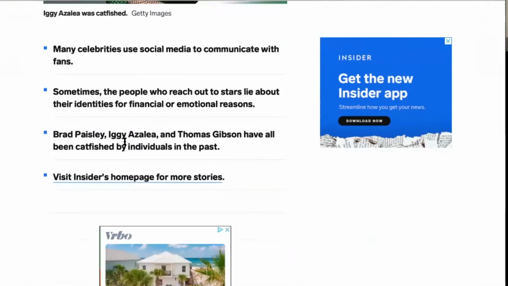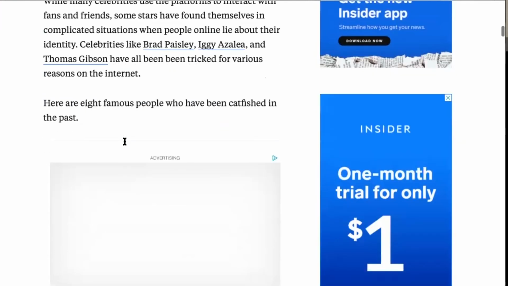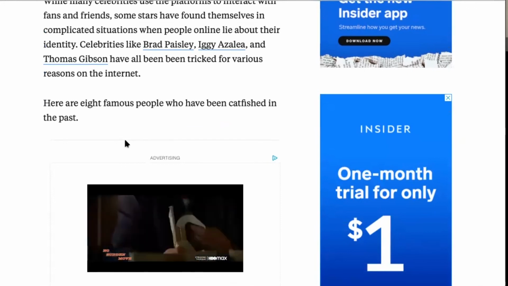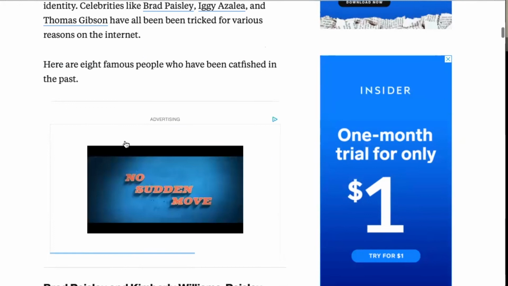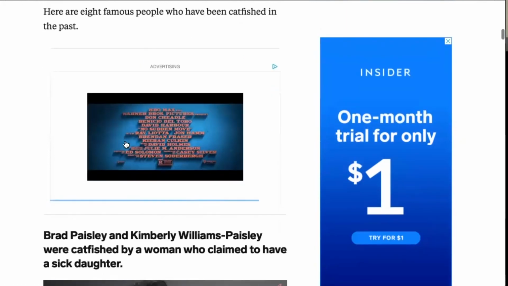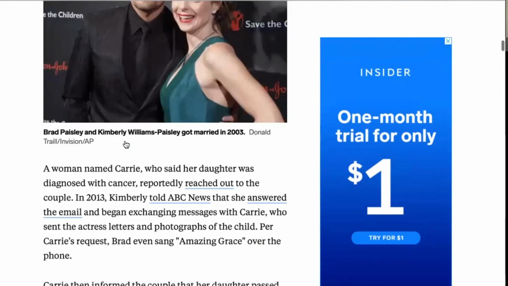And a lot of these, it's somebody that's maybe saying, oh, my daughter is really sick and we need lots of help. And so they are really good at telling these stories, and so people feel like giving. And even if it's $10 or $15, where is that money really going? Do you know who that person is? And that's what several of these stories are about.